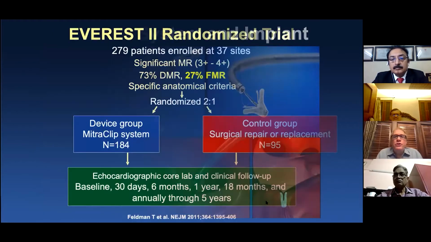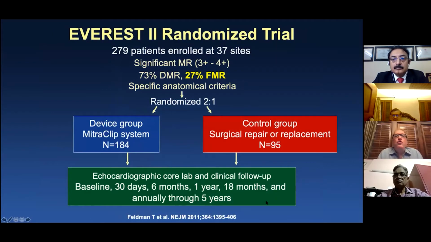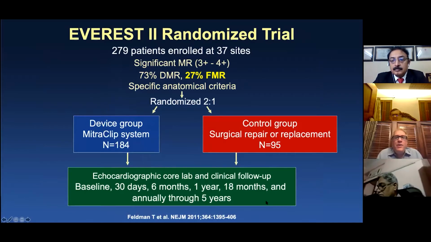This was first tested in the EVEREST II randomized trial, which was really the first randomized trial in the mitral valve space. About a decade ago, it enrolled 279 low-risk patients at 37 sites with severe mitral regurgitation. At this time, I must say, we didn't even realize how important the distinction between degenerative and functional MR was, and so we put all these patients together.